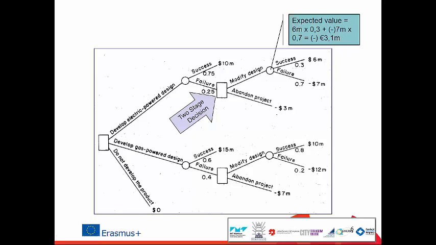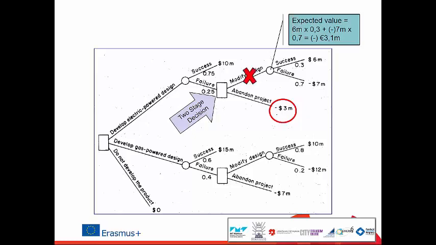So the first point is to take the probability of success and failure and take the expected value. That gives us minus 3.1, and then compare the minus 3.1 to the other option, which is abandoning the project, which gives us a loss of minus 3 million. And that's a little bit better than the loss of minus 3.1.